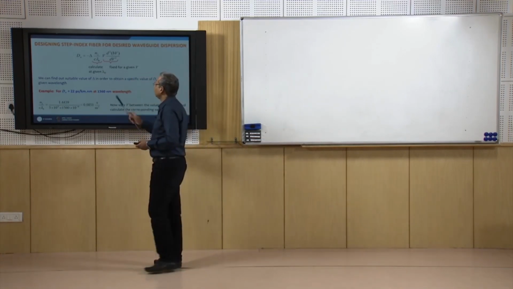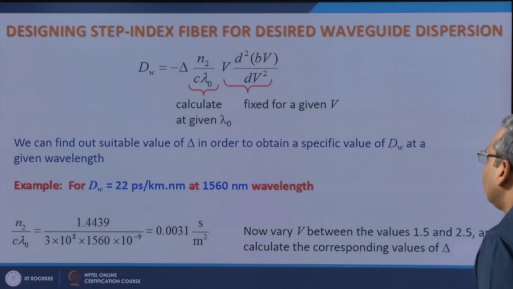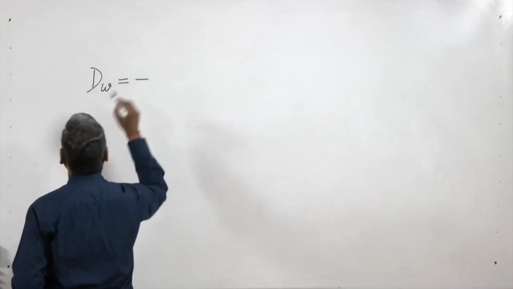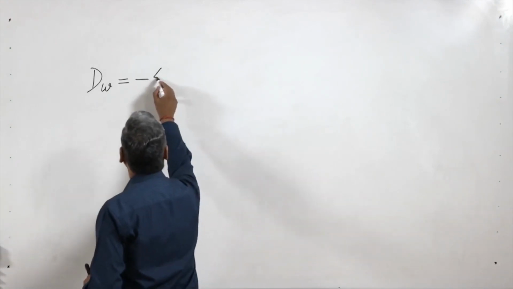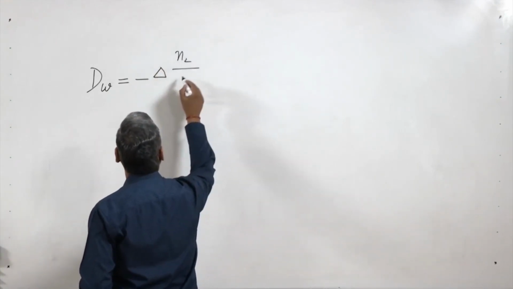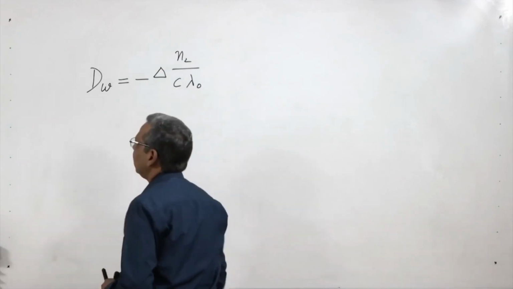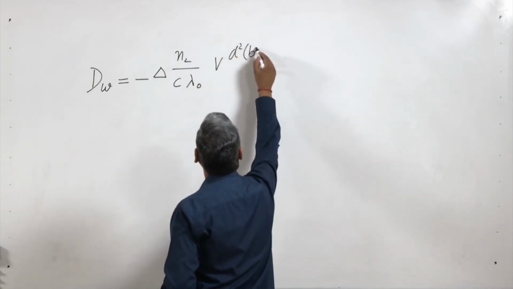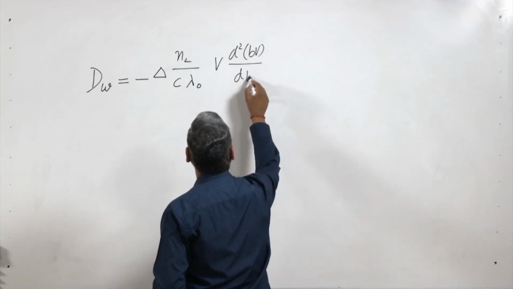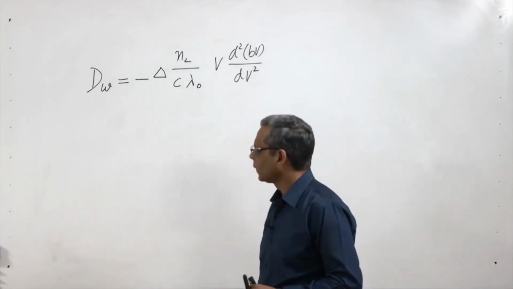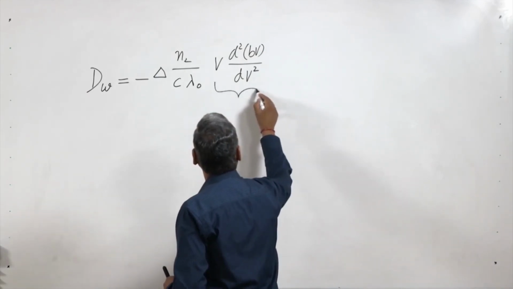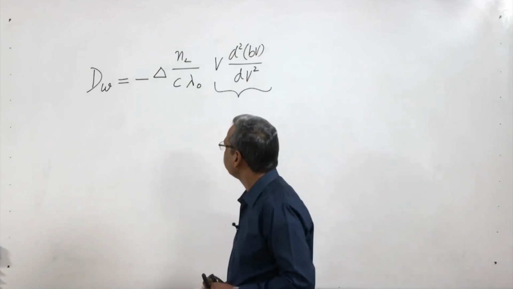For that, if I look at this expression of waveguide dispersion, then it goes as dW is equal to minus delta N2 divided by C lambda naught times V d2bV over dV square. Now, for a given value of V, this is fixed.